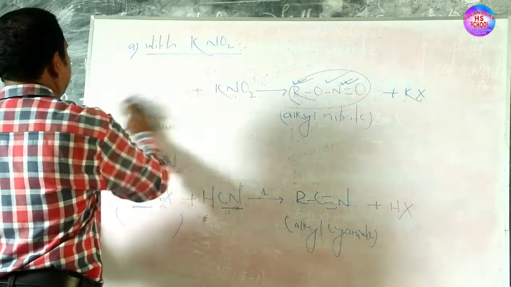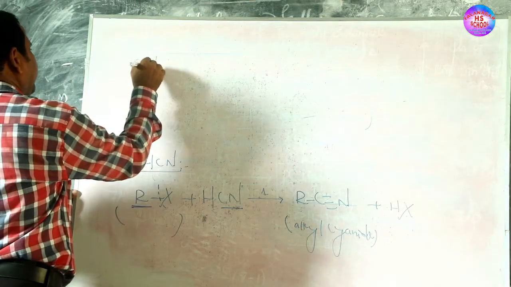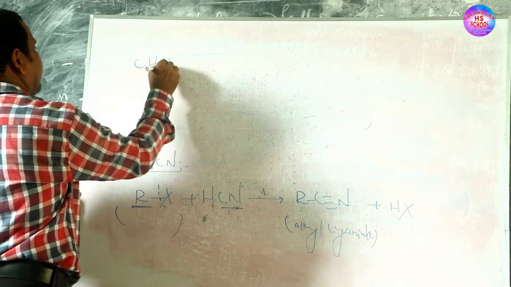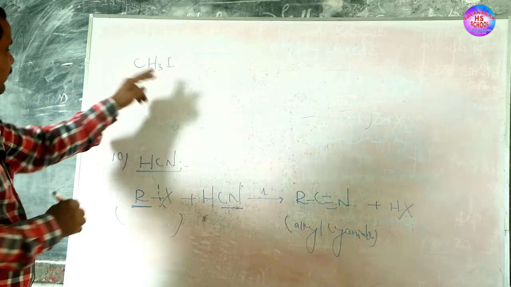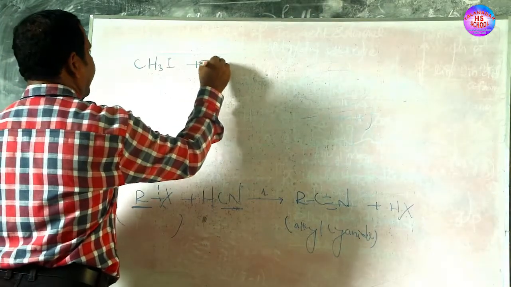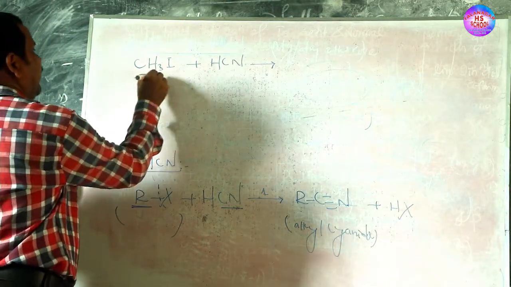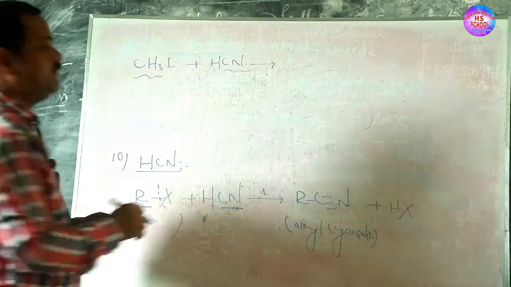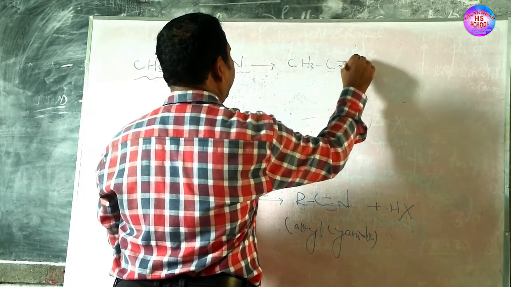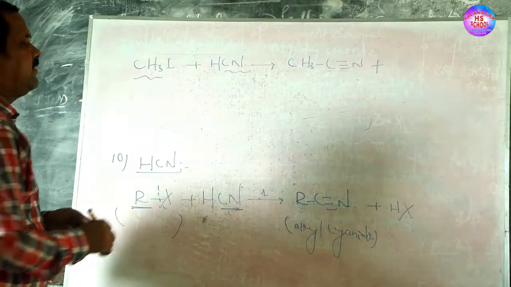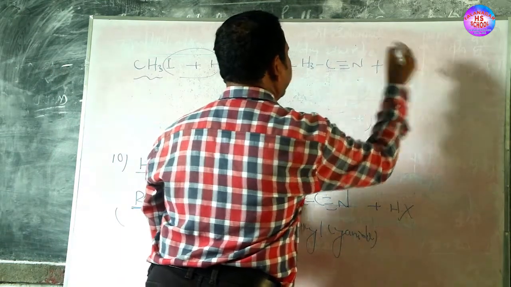For example, R equal to methyl group, CH3, and you take X equal to iodine, methyl iodide CH3I plus HCN. They react to form methyl cyanide, CH3–C≡N, and HI.